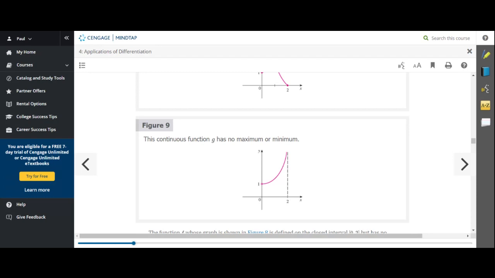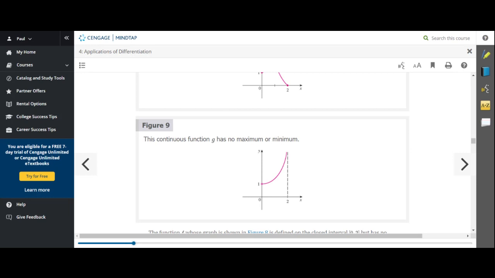In figure 9, what's this function doing? That vertical dashed line appears to be a vertical asymptote. That's right, Lynn. And so the function's going to keep going up and up and up. It's never going to stop.